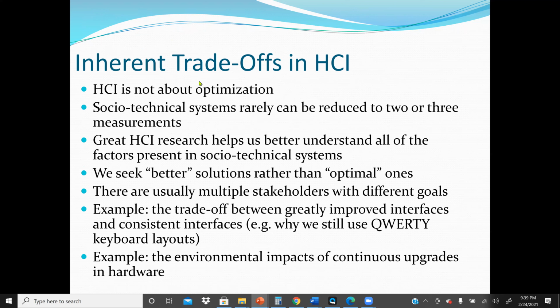So, inherent trade-offs in HCI. Here we say that HCI is not about optimization. It's a socio-technical system that rarely can be reduced to two or three measurements.